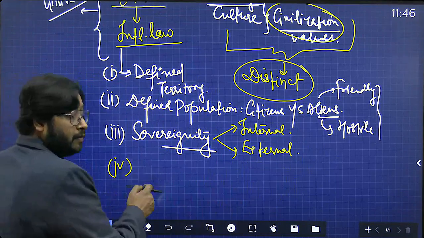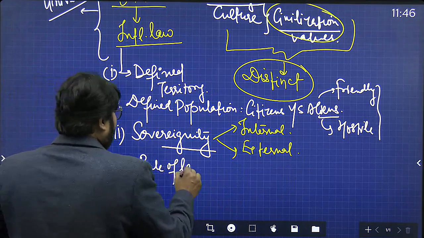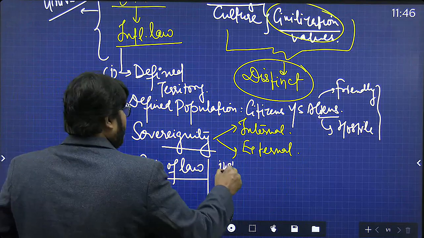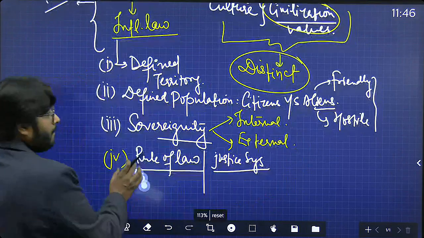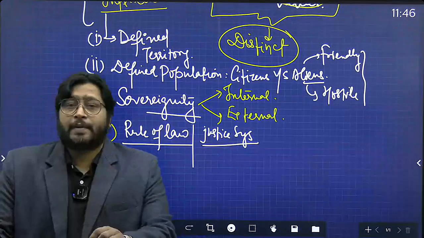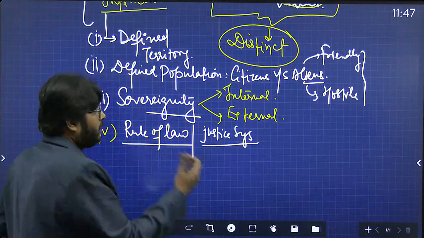Then you have rule of law, a well-defined justice system, and somewhere a stable government, an acceptable form of government. So that is also one aspect.